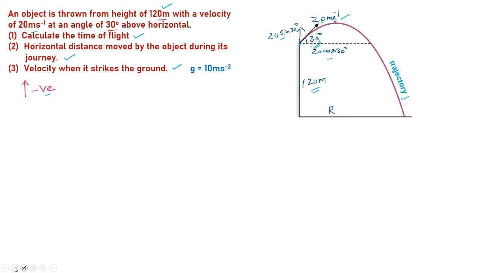If downward, we take it to be positive. If you want to take it the other way around, fine, there is no problem. The whole thing given in the problem is simply shown here in the diagram. So we will now go to the first subdivision.